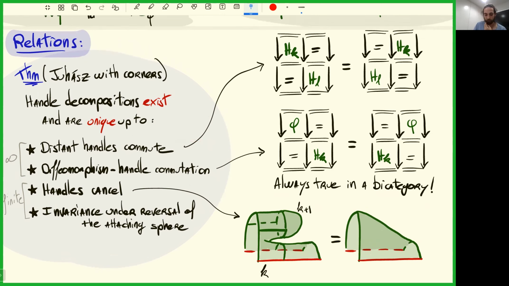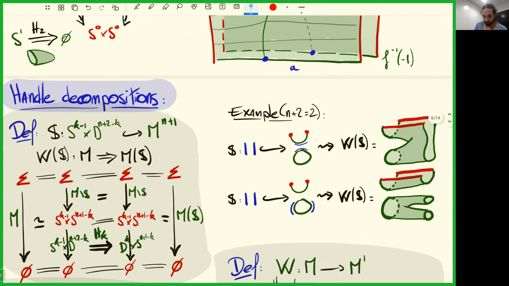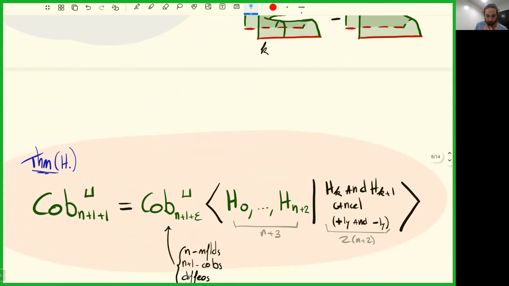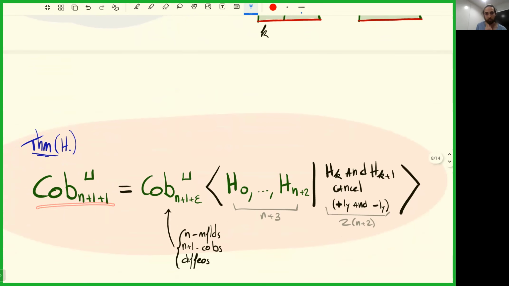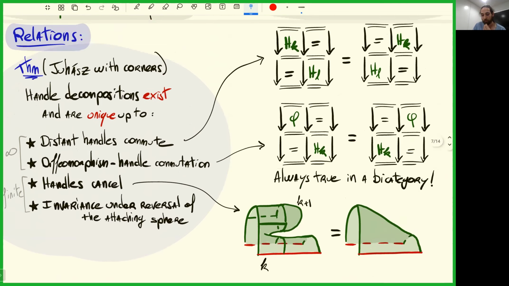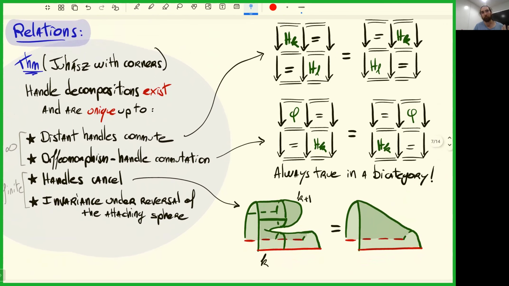When I say my cobordism category is obtained from this one by adjoining these things, the fact that far away handles commute is built in, because I'm doing a bicategory in the end.